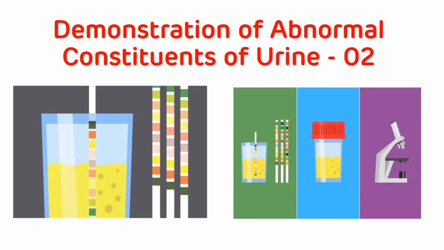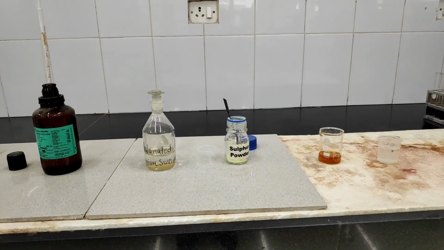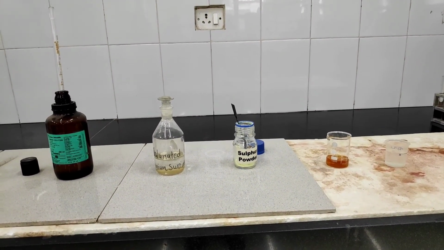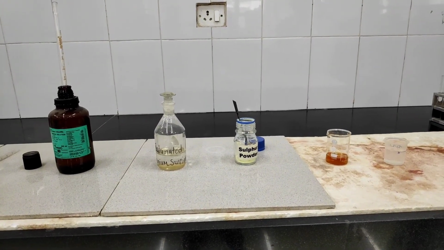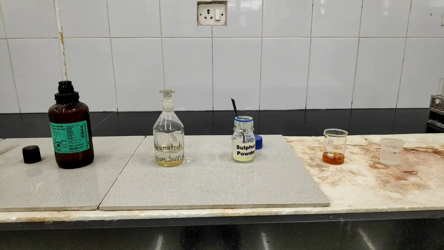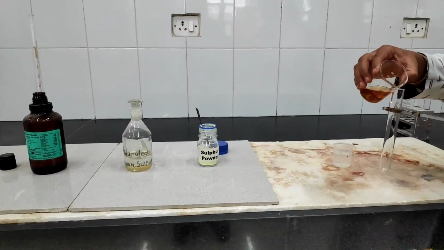Now we will see demonstration of analysis of abnormal urine part 2. Now we will see Hay's sulfur flower test, which is done for the detection of bile salts in the given sample. First, in a test tube, add 3 ml of the given sample or abnormal urine sample.